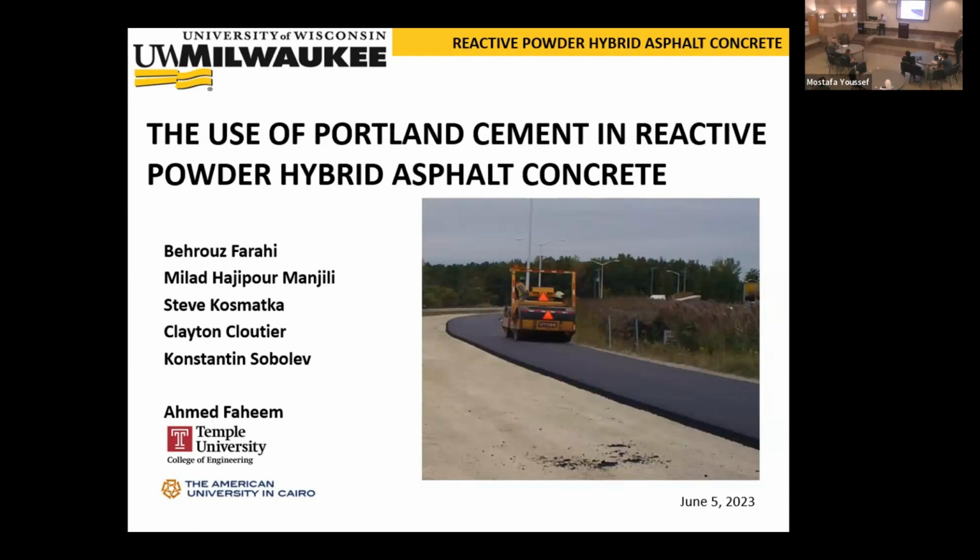Down the road, once the proof of concept is achieved, we'll have to apply aging and dynamic loading to mixtures to capture this effect. The idea from the hypothesis level is that the flexibility will be achieved by the binder, and the rigidity or strength will be achieved by the cement.